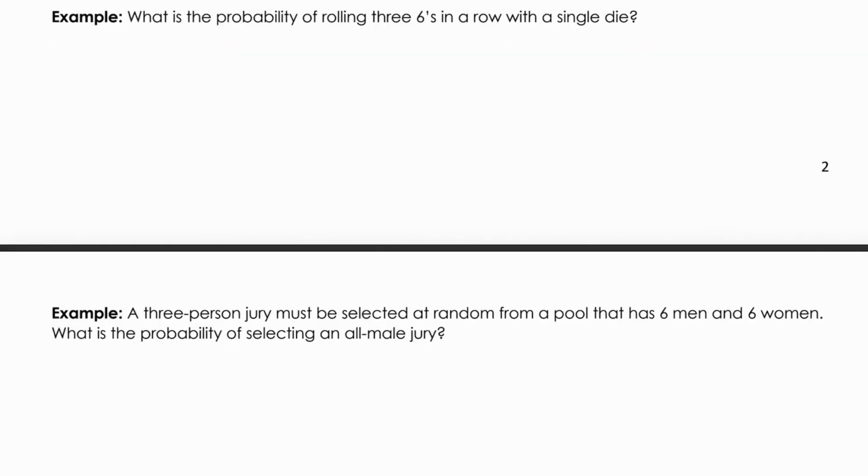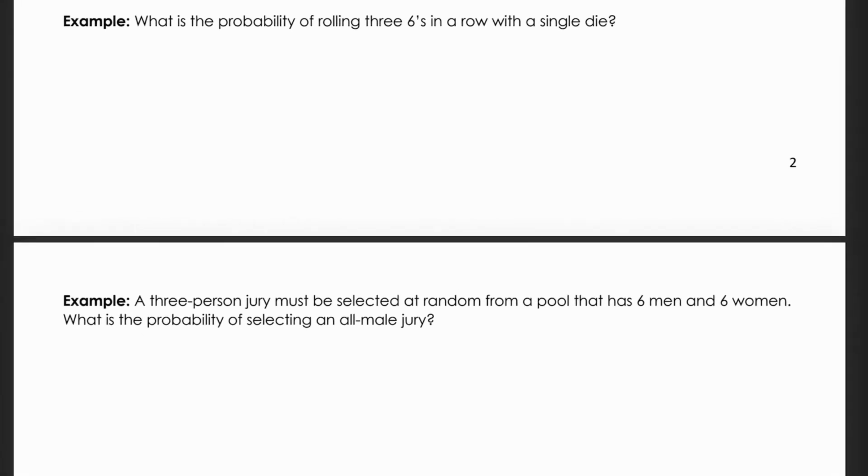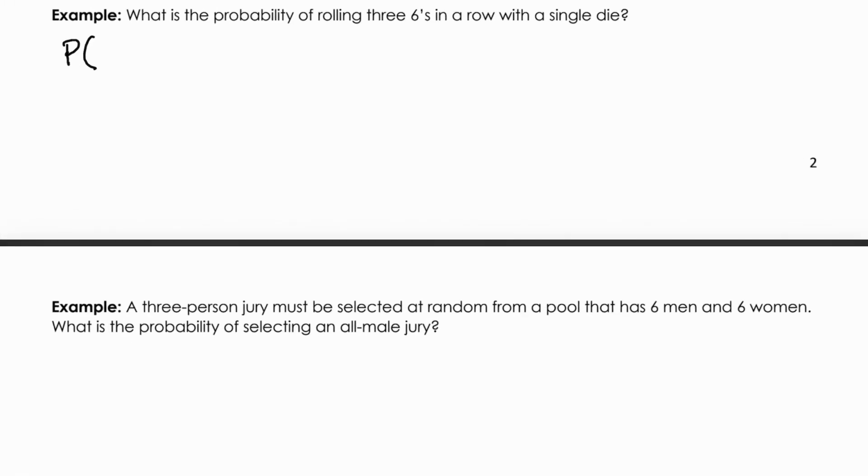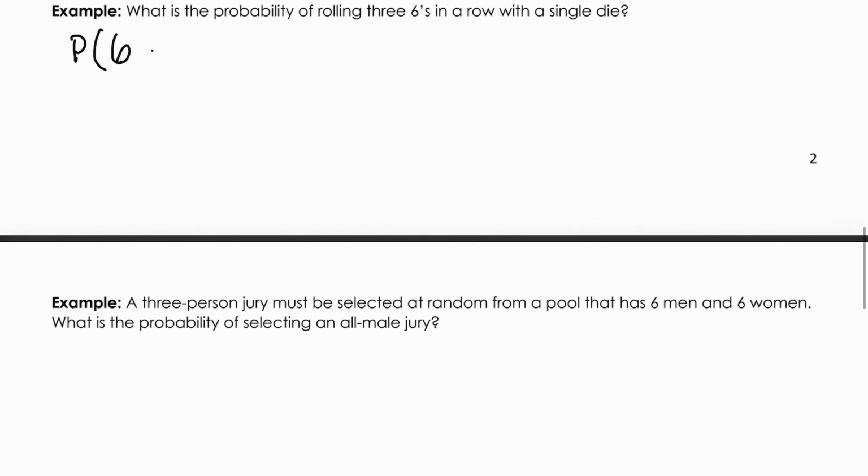Okay, so let's walk through some examples now. What is the probability of rolling 3 6s in a row with a single die? So we want to find the probability that we get a 6 on the first roll, and a 6 on the second roll, and a 6 on the third roll.